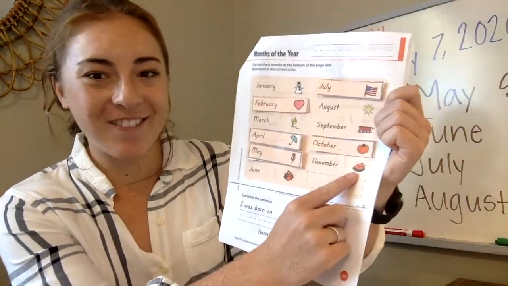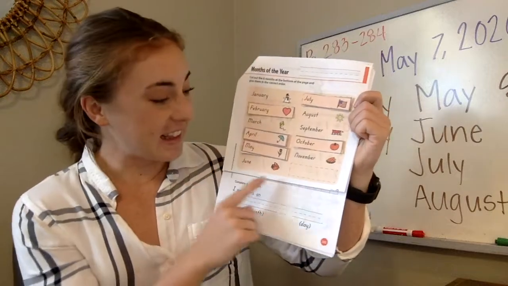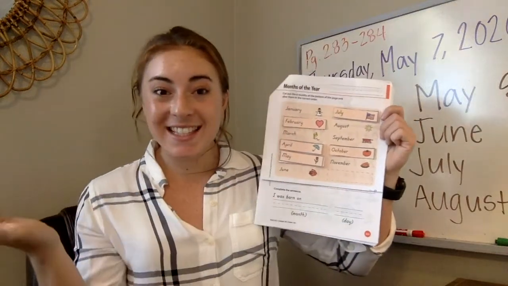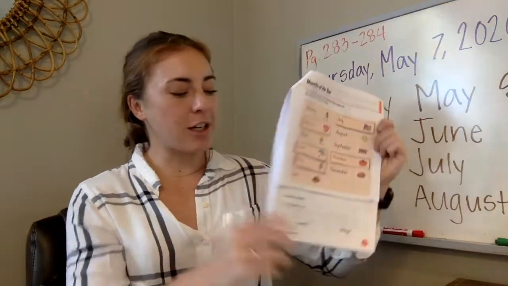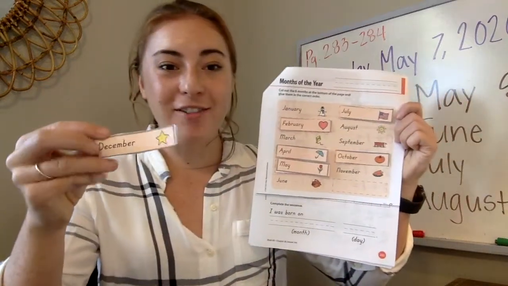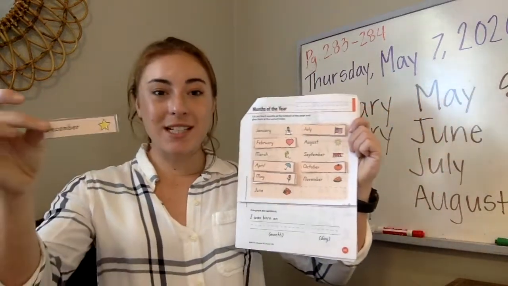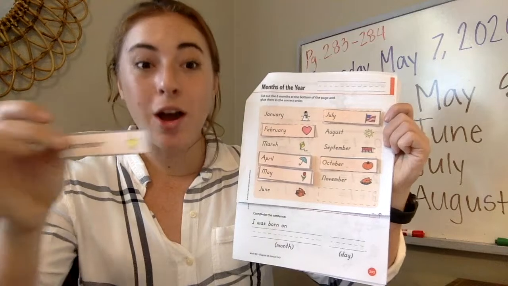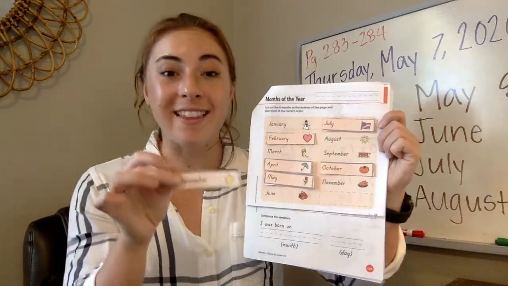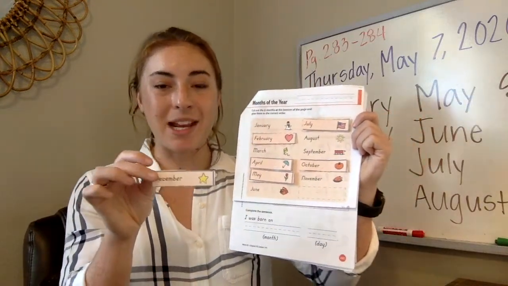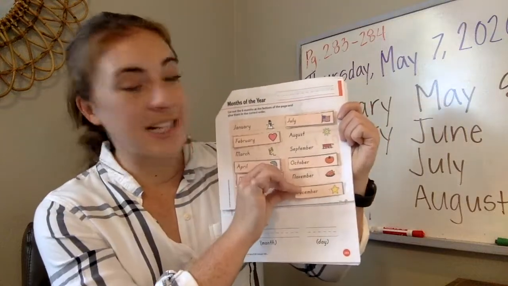There's a little turkey for Thanksgiving. And then the last month is December. And they have a little star, right, for Christmas lights, or you put the star on top of the Christmas tree, or the North Star that led the 3 wise men to Jesus in the manger. So December is the last month. It's the 12th month.